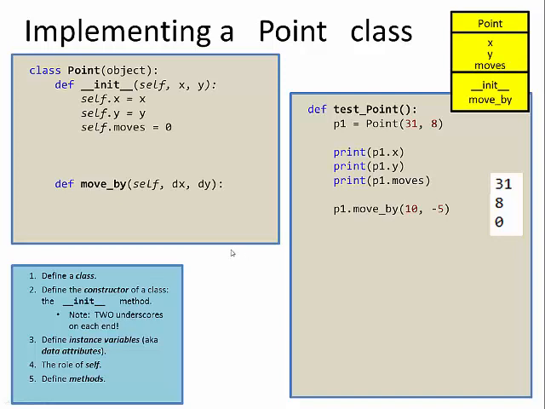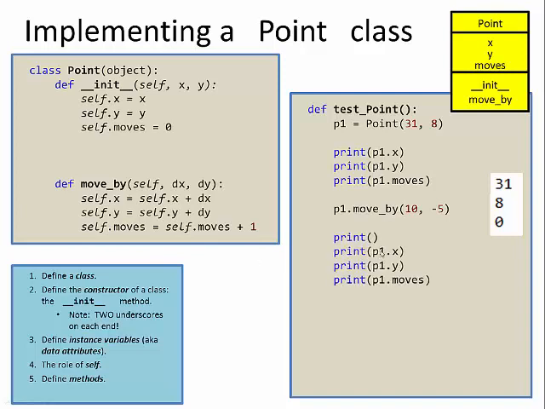I hope you see that you would take this point's x, that's self.x, becomes what it was, 31 in our example, plus dx, 10 in our example. Self's y is self's y plus dy. And self's moves would also have to go up by 1. So if we were to print those variables, we would find that we have originally 31, 8, 0, but now 41, 3, 1, and we've now made one move, so it's gone up by 1.